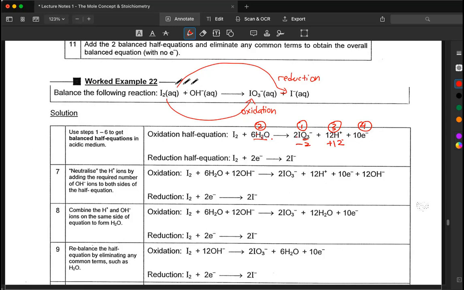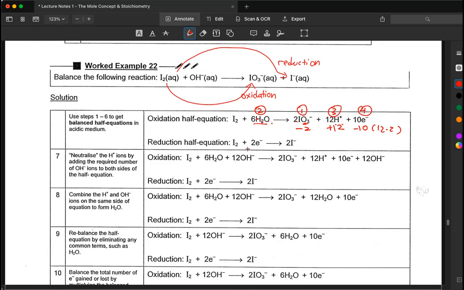So this is 2, 3, 6, 6 and 12. So total will be 10. 12 minus 2, 2 plus 2 becomes plus 12 minus 2 plus 10. Minus 10 becomes 0 because the left hand side is 0 charge.